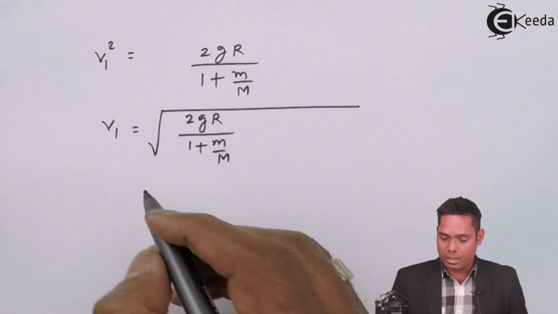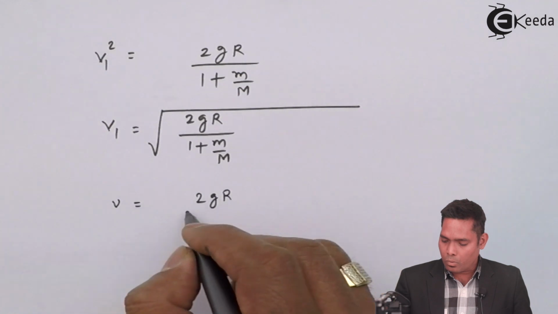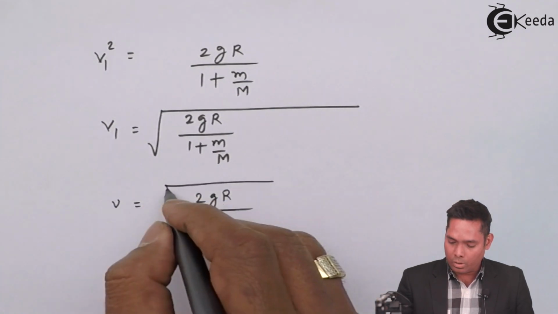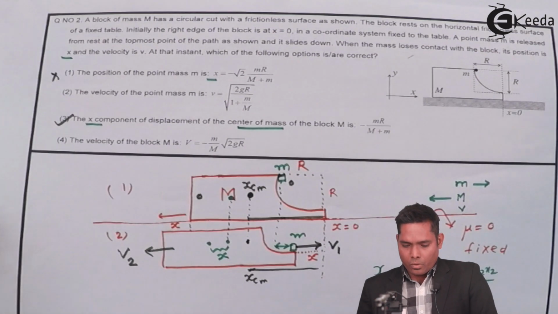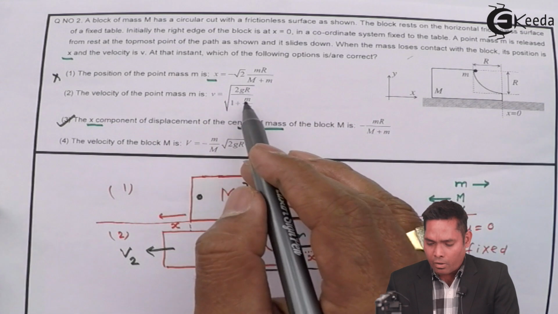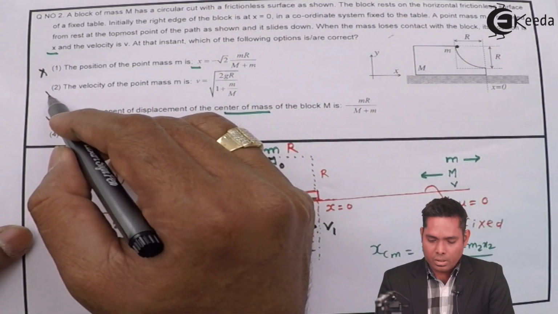So I'll write that small v equals the root of 2gr over 1 plus m by M. So the velocity of the point mass is this, and our answer is also this. Therefore this option is correct.